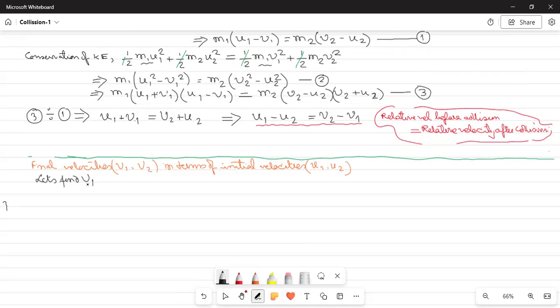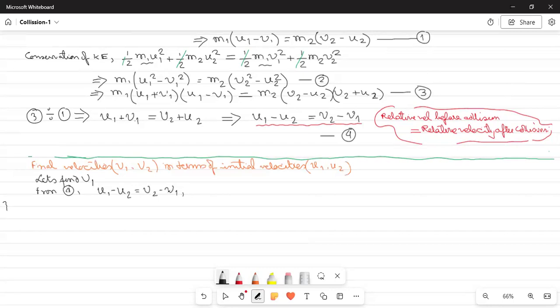In order to find v1, we use this equation. We can give this equation a name of equation 4. Let's find v1. So what do we do? From equation 4, what do we get? u1 minus u2 is equal to v2 minus v1.